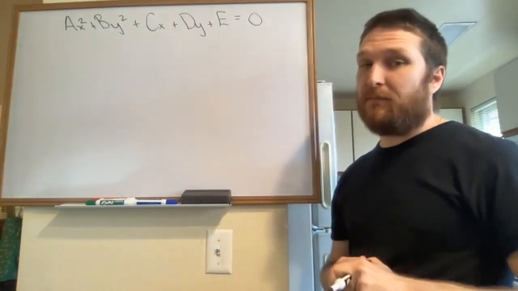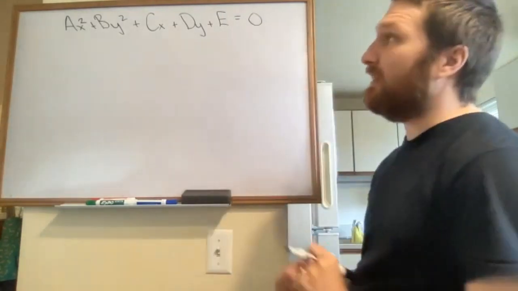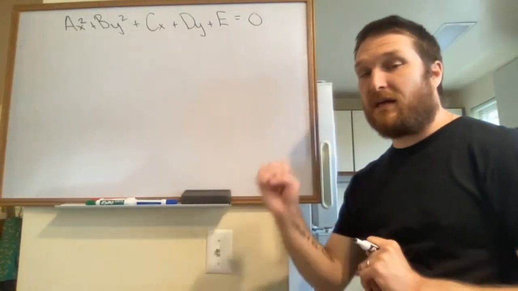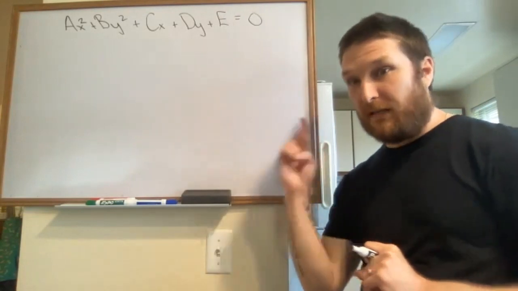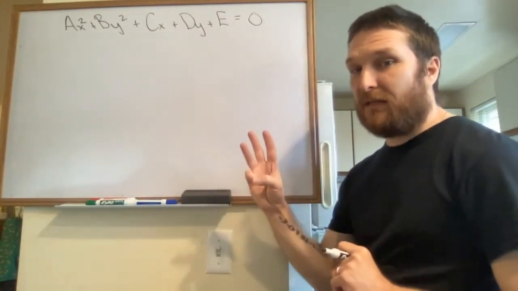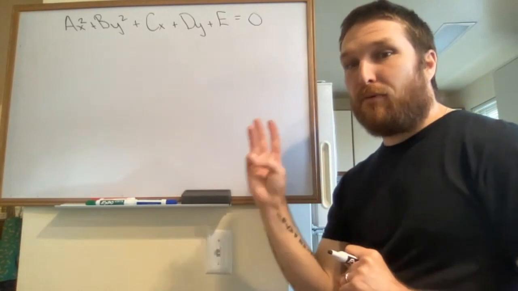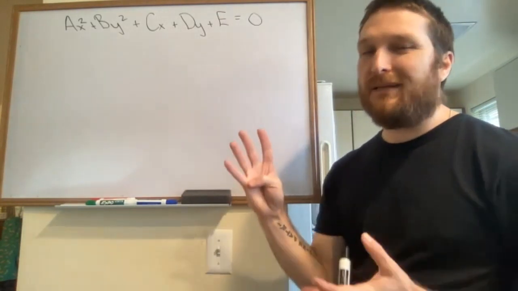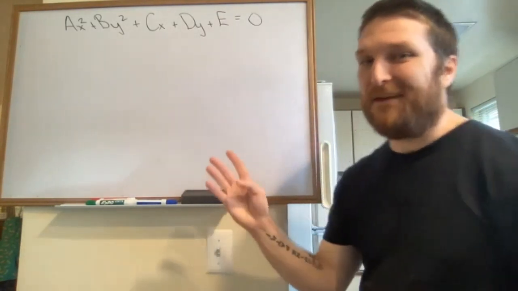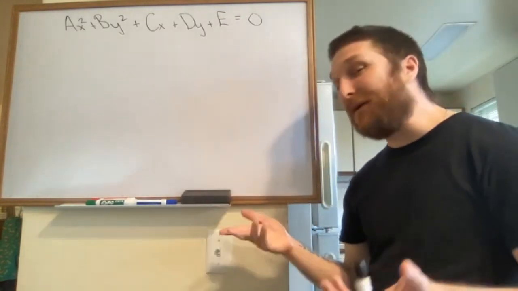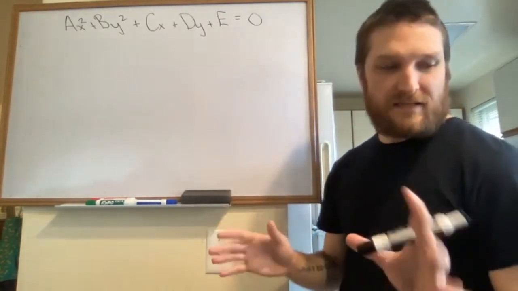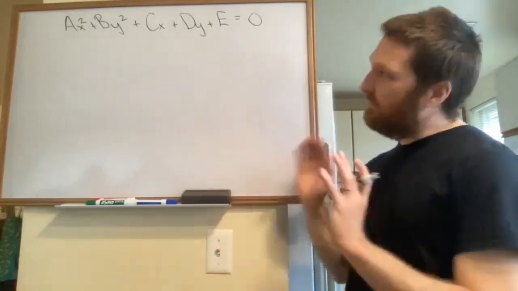What is going to be important is, given something like this, figuring out whether it's a circle, an ellipse, a hyperbola, or a parabola. Of course, it could be a line, like if the a and the b are 0, it could be a line, okay? But it's obvious.